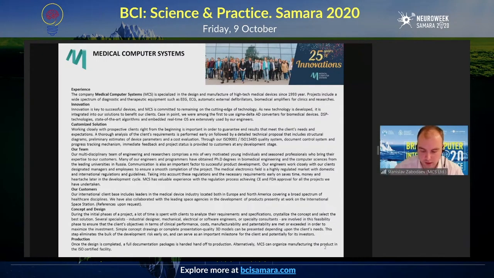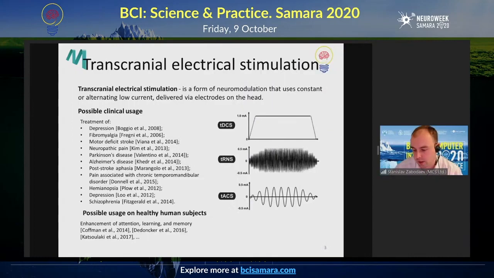We manufacture EEG devices and consumables, tES devices and consumables. We manufacture things for the space station, automated pacemakers. So we sell our products in Russia and abroad.